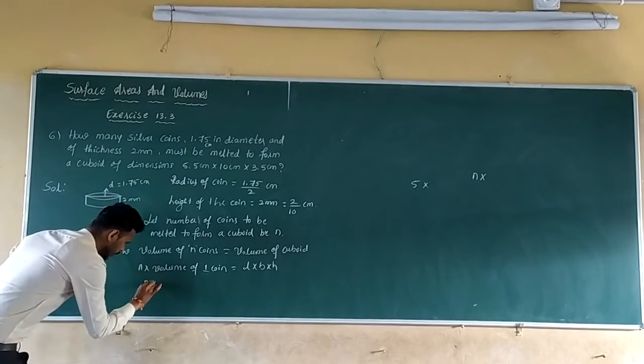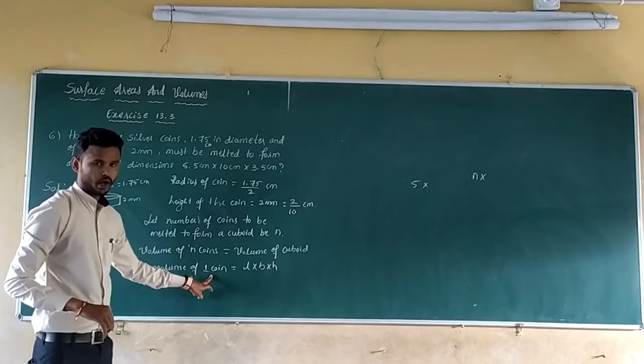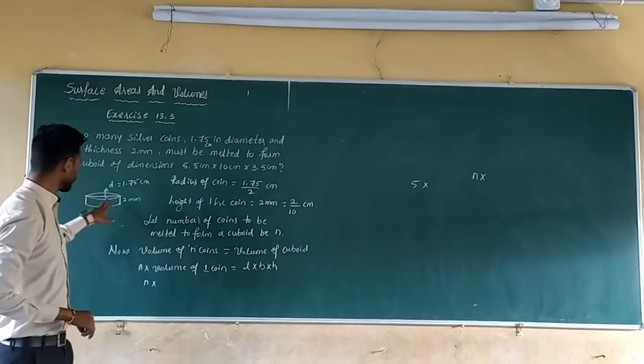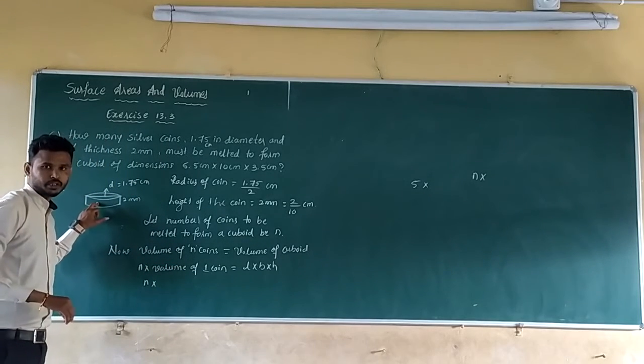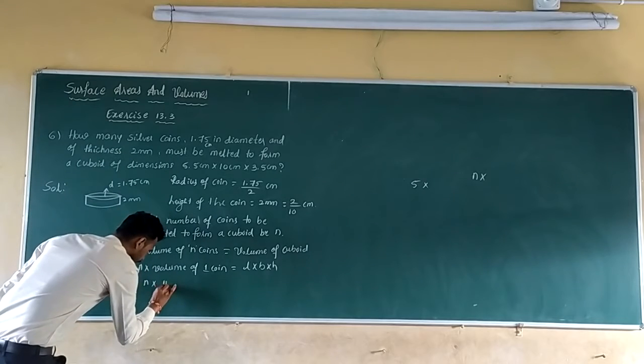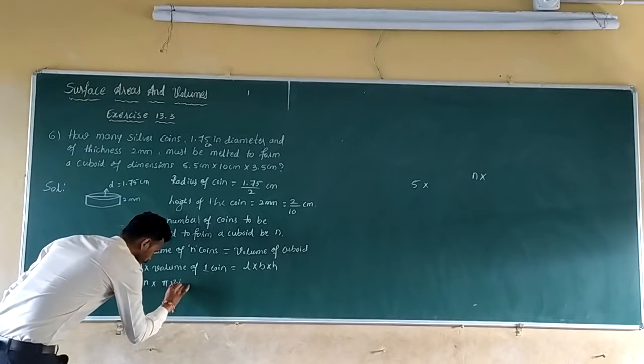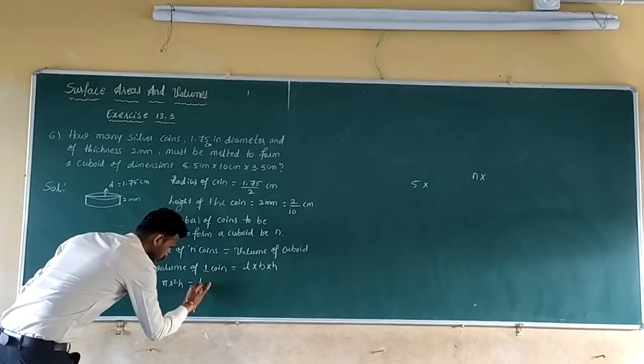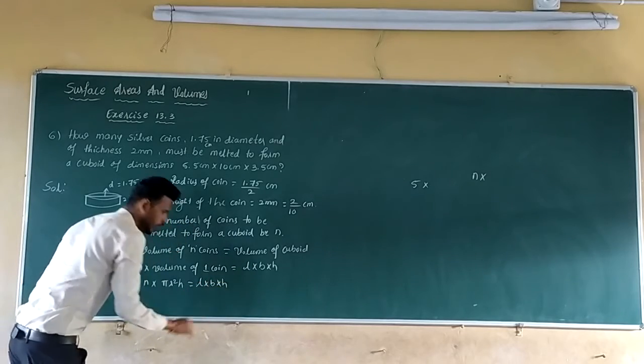So now n into volume of 1 coin. A coin is in the shape of a cylinder. So the volume of cylinder formula is pi r square h, which is equals to length into breadth into height.